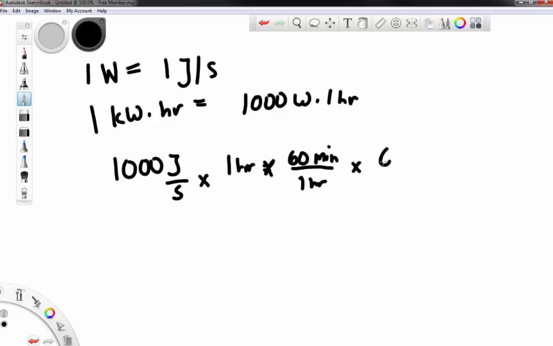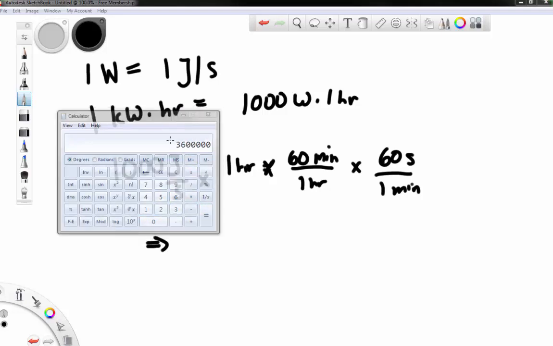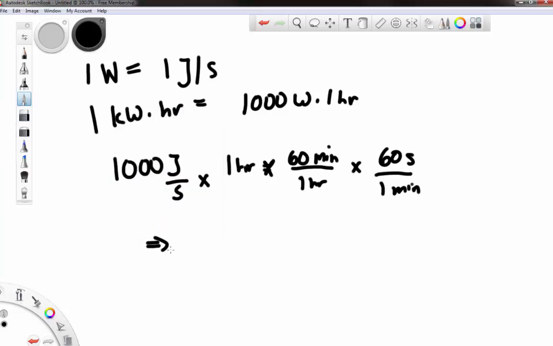And there's 60 seconds per 1 minute. So that means that what we have is 1,000 times 60 times 60, 3,600,000. So 1 kilowatt hour is the same thing as 3,600,000 joules.